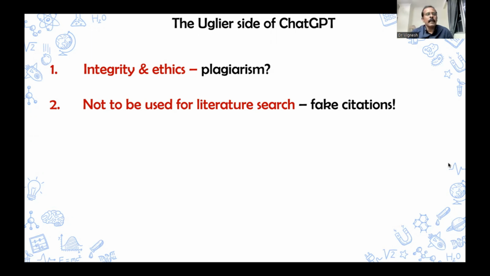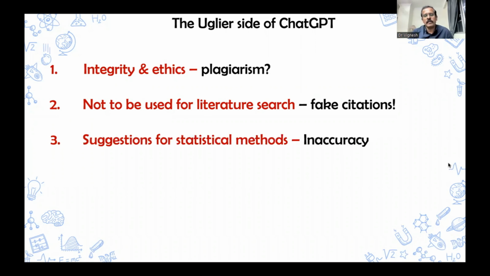It would give author names with the title, with the name of the journal, even a DOI. But if you do a search, you will find that such an article does not exist. I don't know why, but ChatGPT does this all the time. So if you do a literature search using ChatGPT, you would be caught. So never use it for literature search.